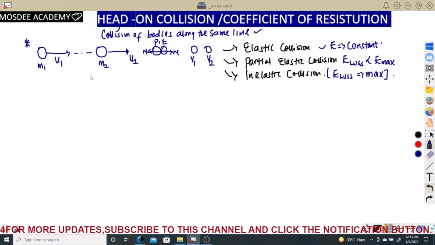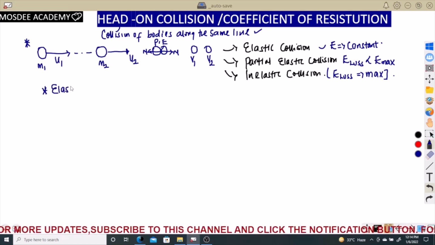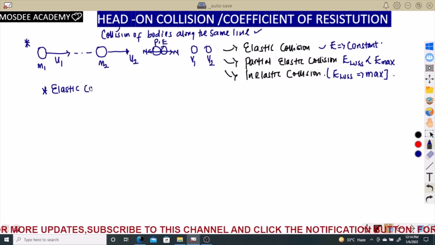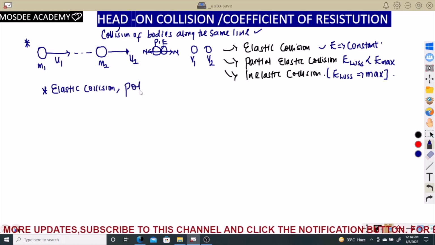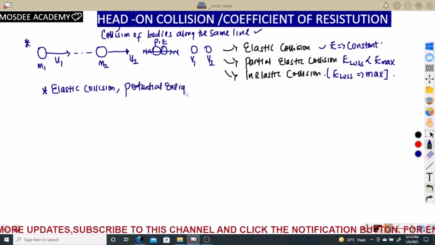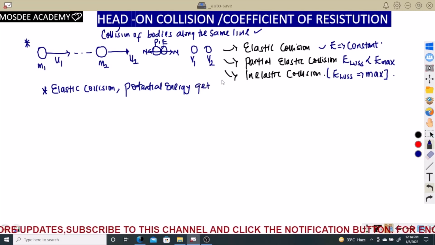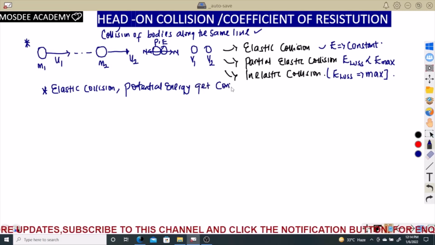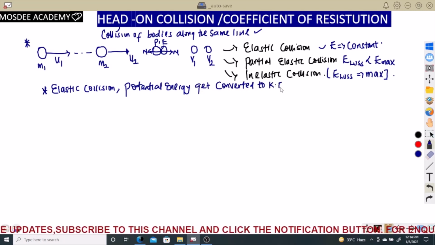So in order to understand better, I think I can give you a better definition, which I believe every one of you needs to understand. For elastic collision, we say potential energy gets converted to kinetic energy, KE.